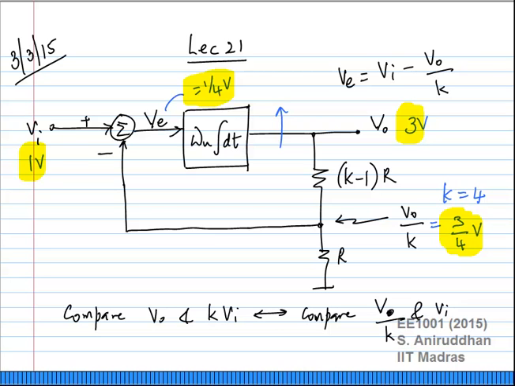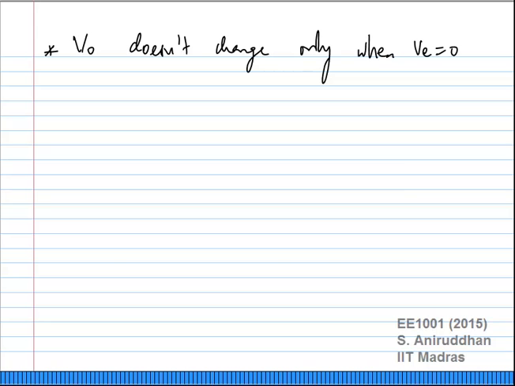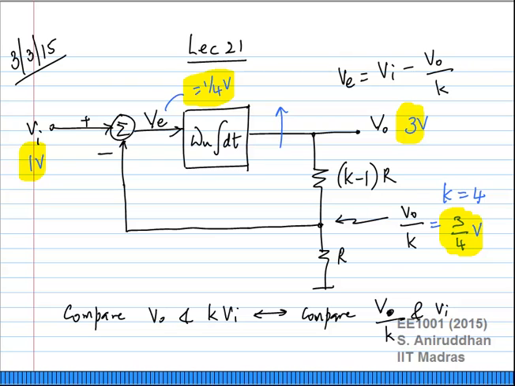This is essentially negative feedback in action. So in steady state, VO has to be equal to 4. Is that clear? In steady state for this feedback system, VO will be equal to 4 volts.